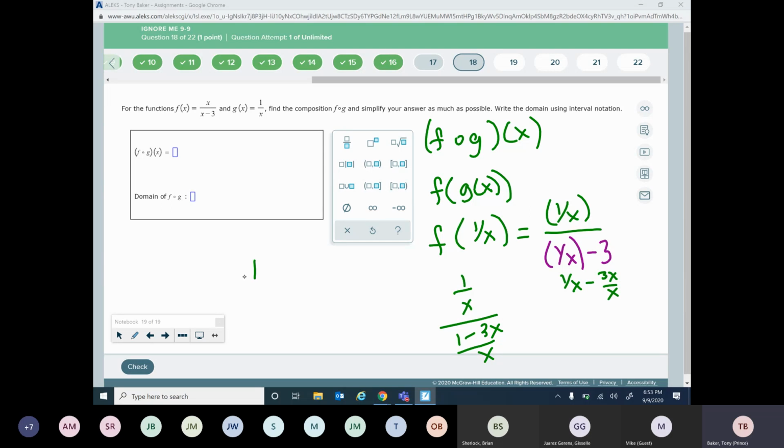So I get 1 over x times x over 1 minus 3 over x. So my x's cancel out, and my final answer is 1 over 1 minus 3x for this one.